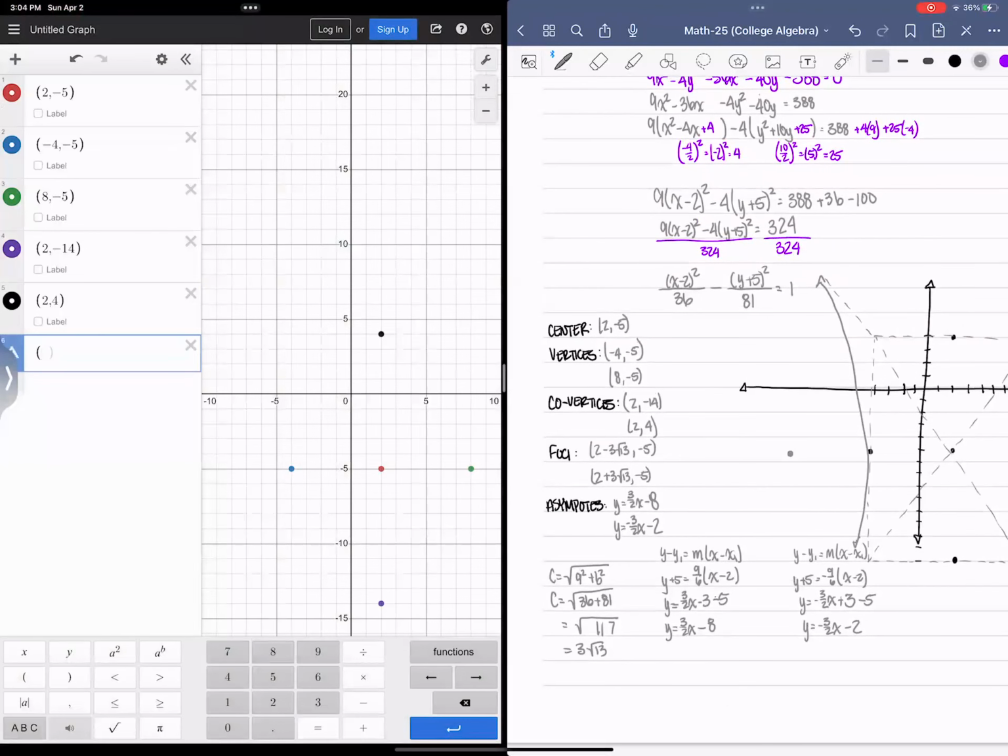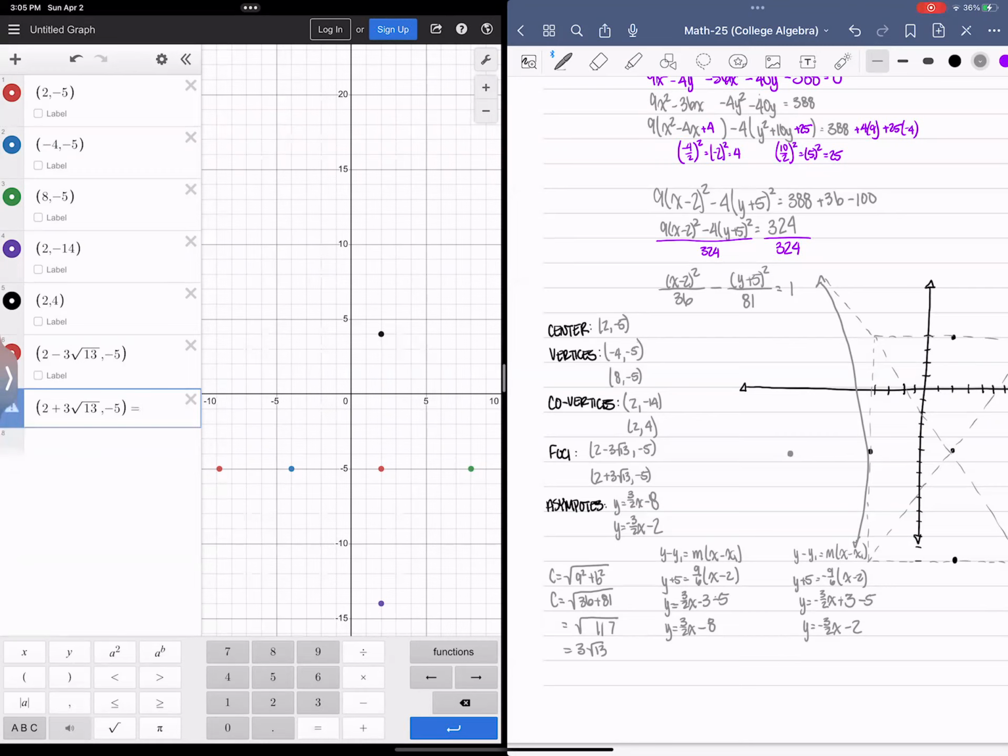Then we have 2 minus 3 root 13, not 10, and that was comma -5. And same thing, but plus, so 2 plus 3 root 13, comma -5.